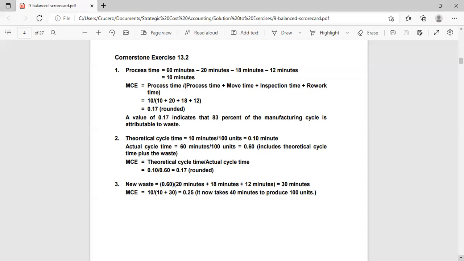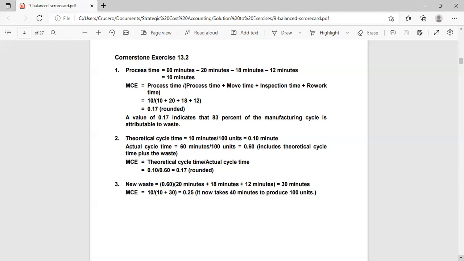So we take the process time of 10 minutes and divide it by the total of the process time plus the move time plus the inspection time plus the rework time. The total MCE is 0.17.